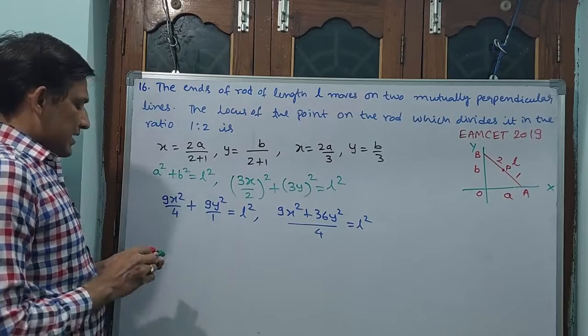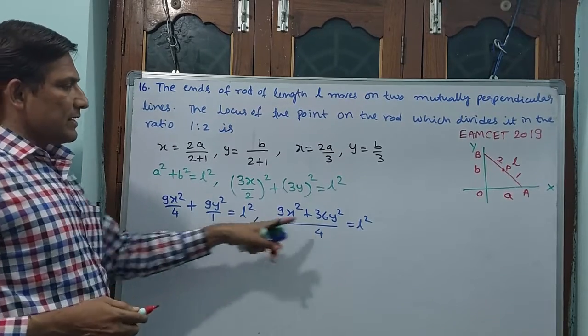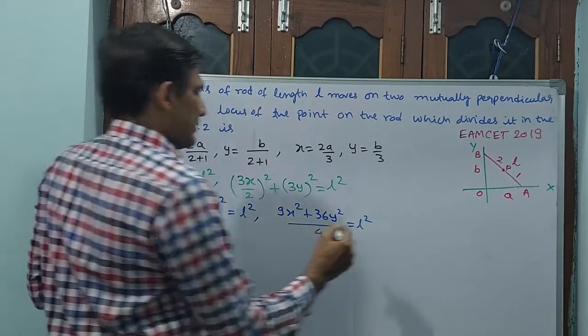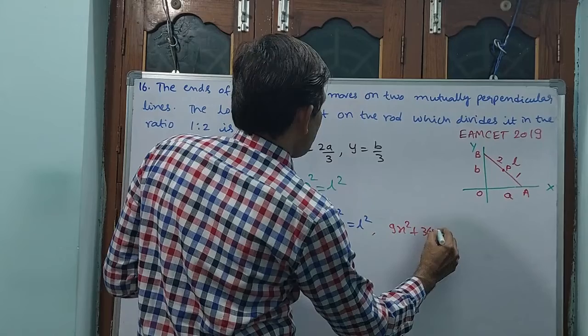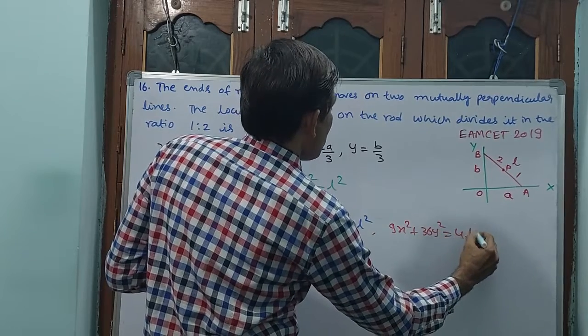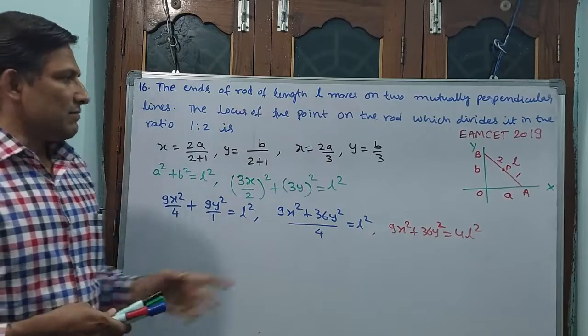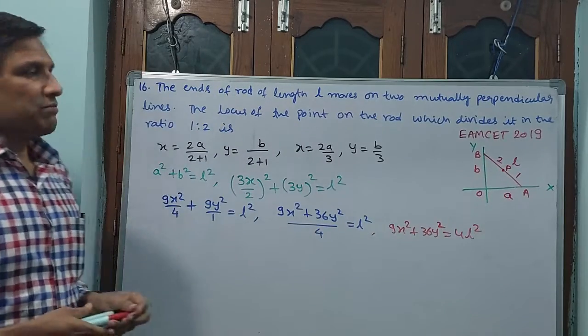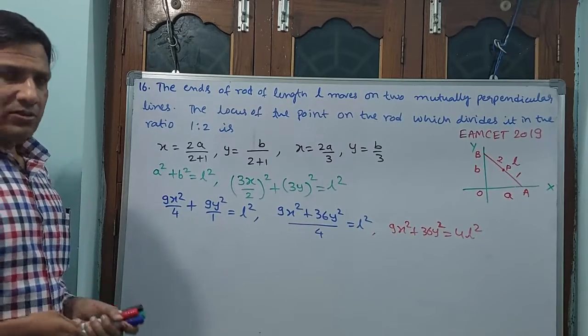Or directly I can write 9x square plus 36y square is equal to 4L square. This is the locus of this point, and this is the answer for this question. Take this, we will go for the 17th question.